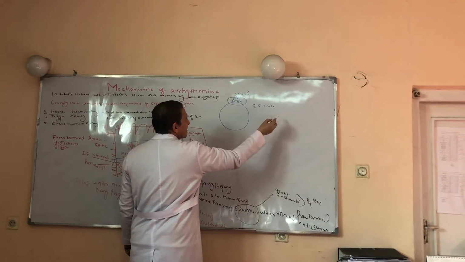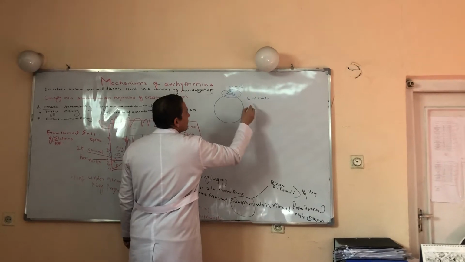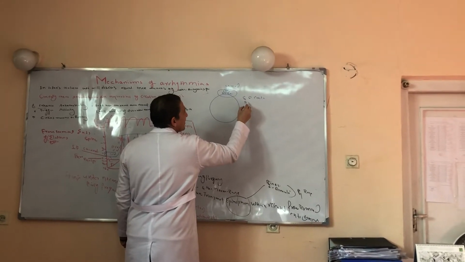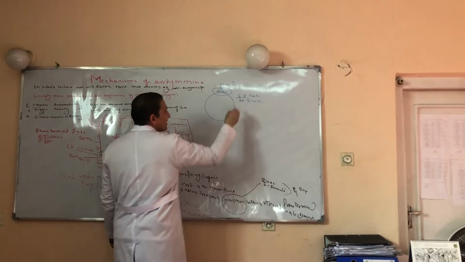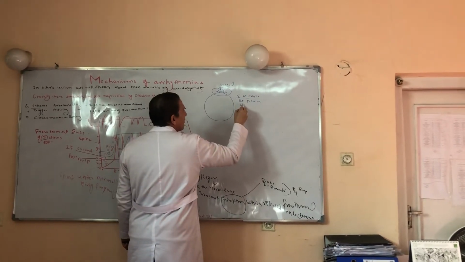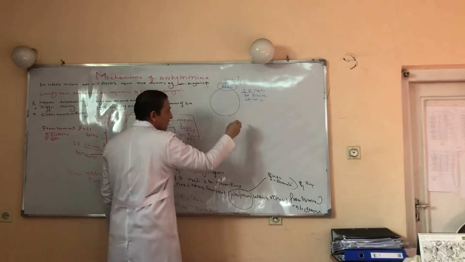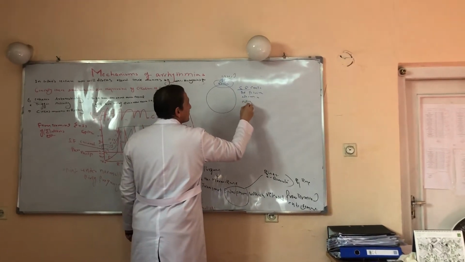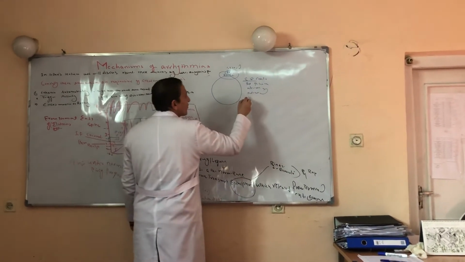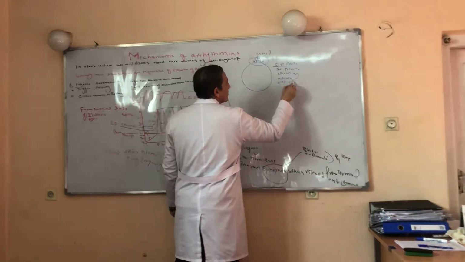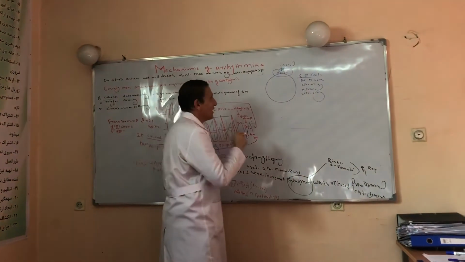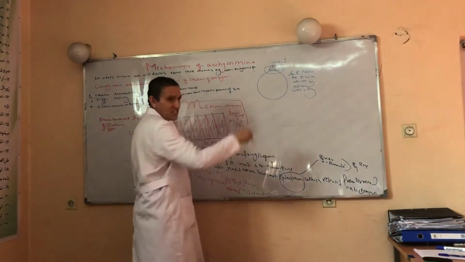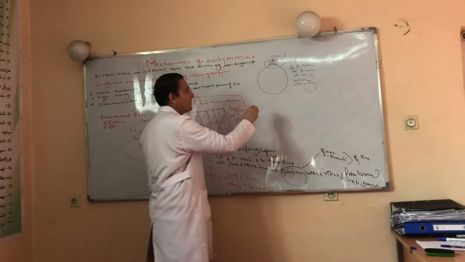Second, the place of the SA node is normal. Finally, the length of the pathway is normal, the conduction is normal, and the velocity is normal.